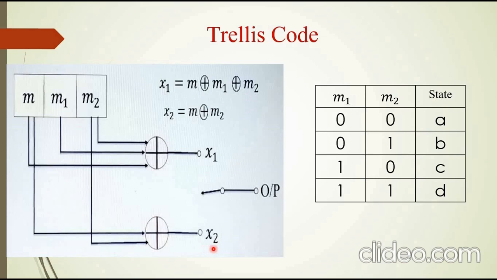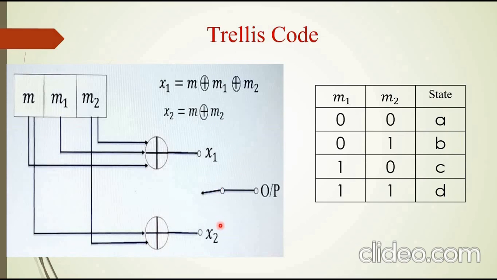And our output X2 is equal to the modulo-2 sum of M and M2. The output is getting switched between the two, X1 and X2.